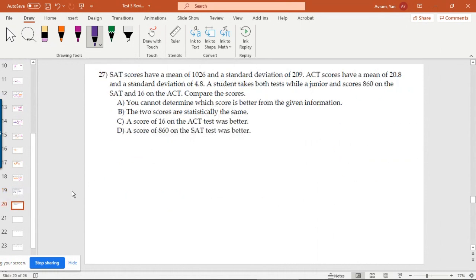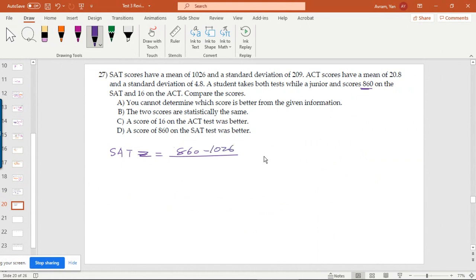All right, 27 is very similar, as I mentioned earlier, SAT and ACT scores, right? Which one is better? So if we look at the SAT G-score, the student takes a score of 860 on the SAT, right?